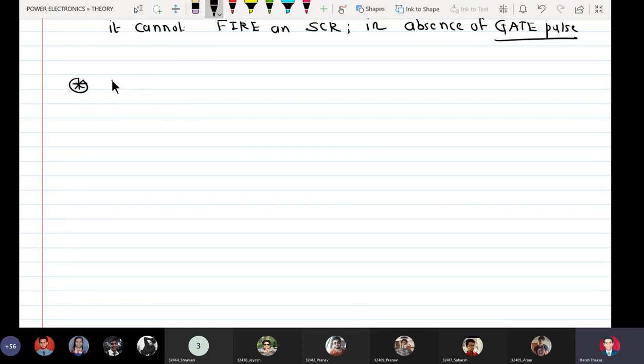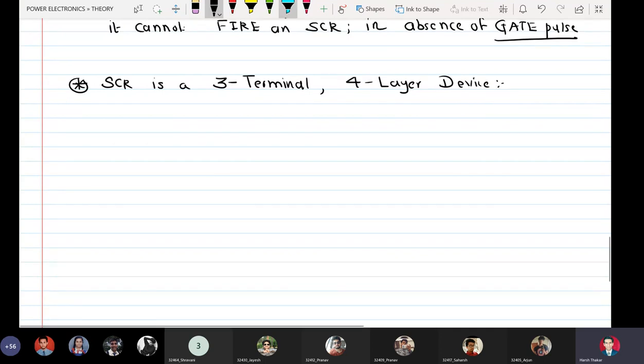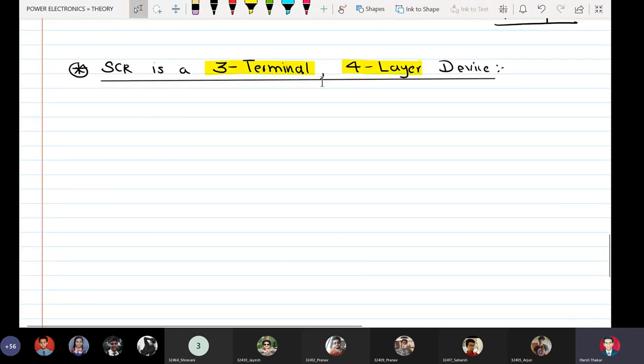So I say that an SCR is a 3-terminal 4-layer device. I repeat that an SCR is a 3-terminal 4-layer device.